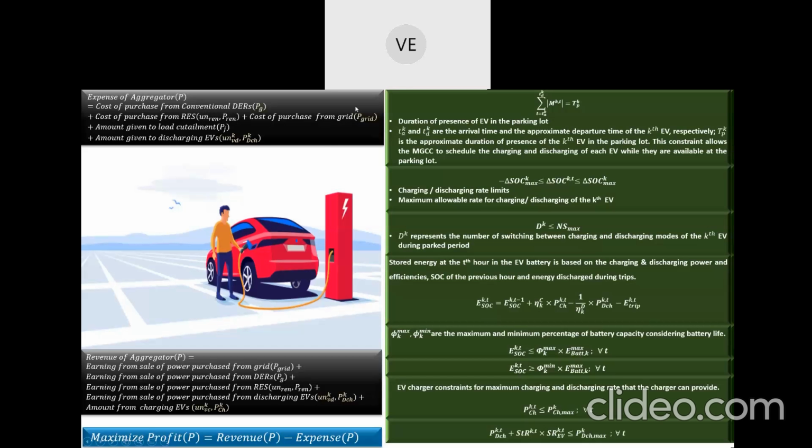Now, cost of purchase from grid, P grid. P grid is inherently a deterministic variable, because grid is a bulk power system. So we assume that power can be taken whenever needed from the upstream.